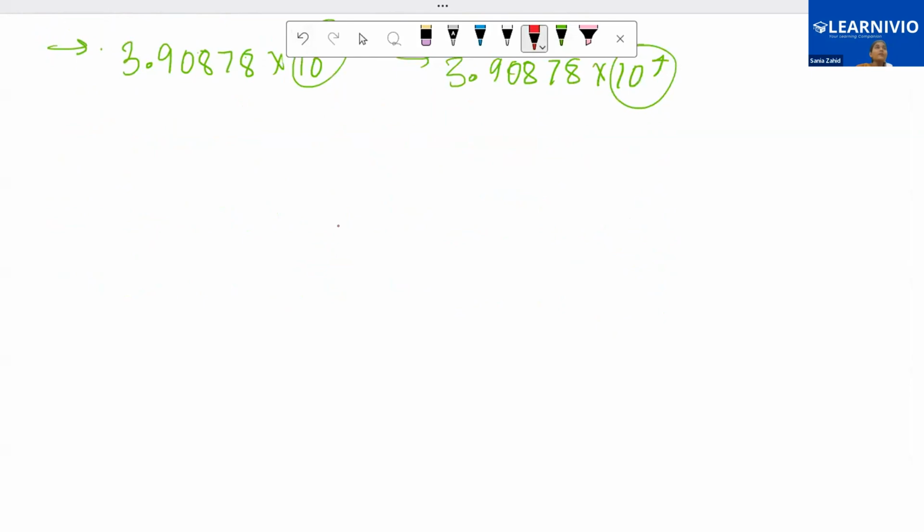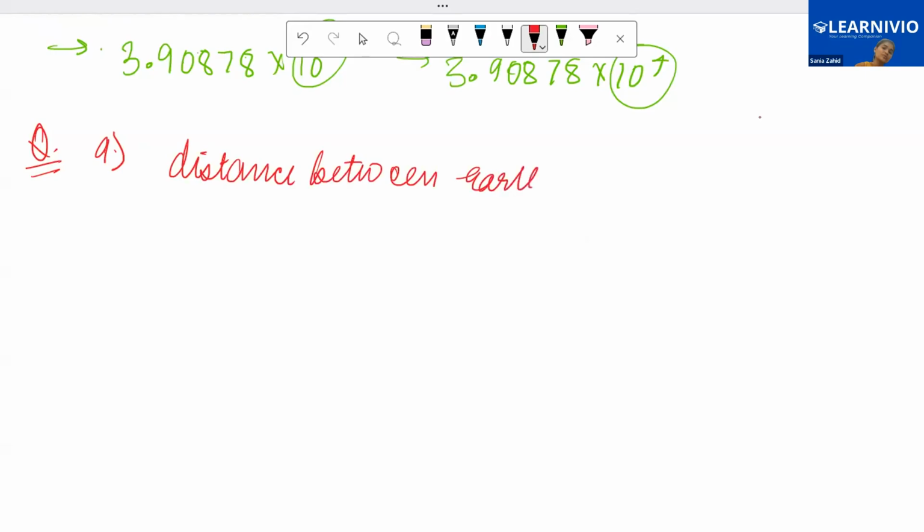Now we have, okay, the next question. You have to express the numbers appearing in the following statements in the standard form. The first is A part: distance between Earth and Moon is 384,000,000 meter.